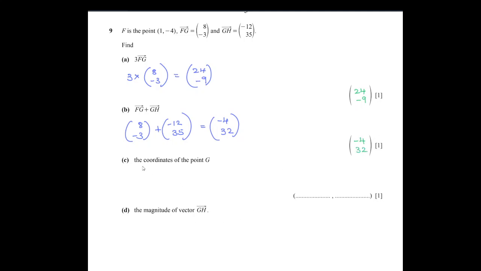Now question C, the coordinates of the point G. Now we need to find out G here, okay. We have been given F, but we have not been given H and G, so they are asking us to find out G. So to find out G, we have to use FG and GH.